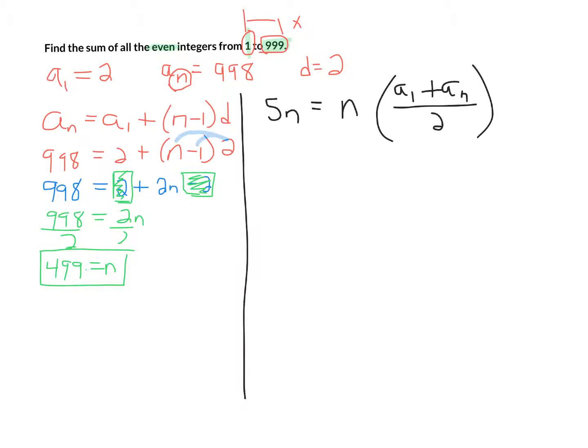So we're going to have S of, we found to be 499 terms here, equals 499 times a1, first term of the sequence is a 2, plus an, 998, divided by 2.